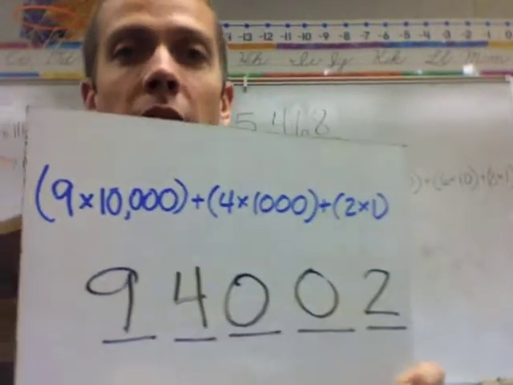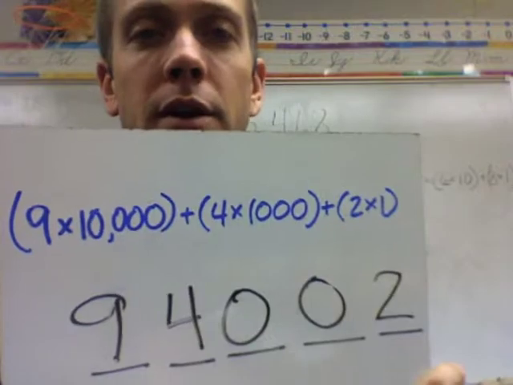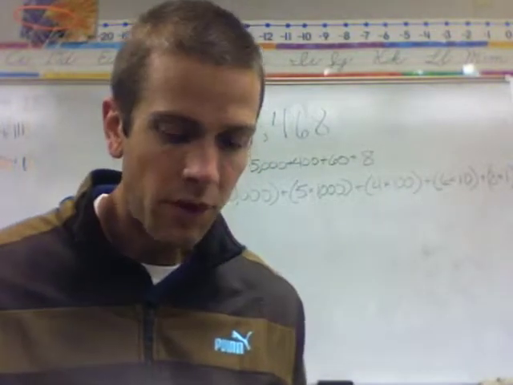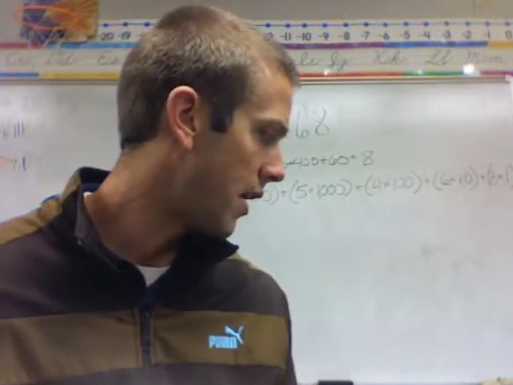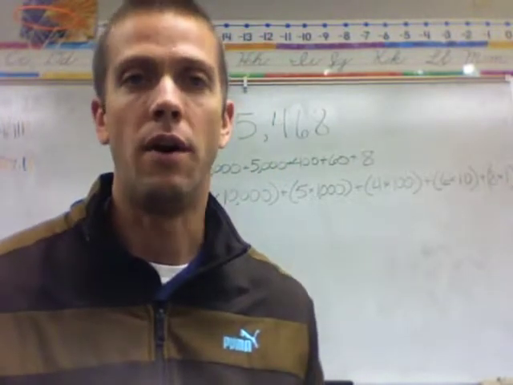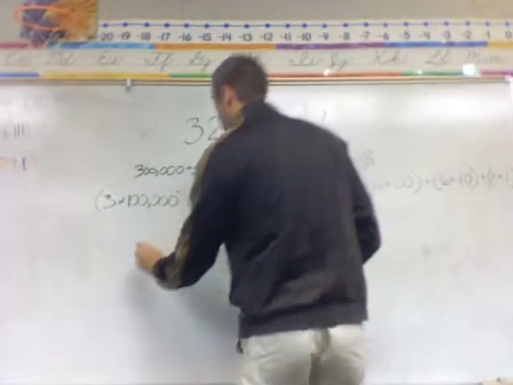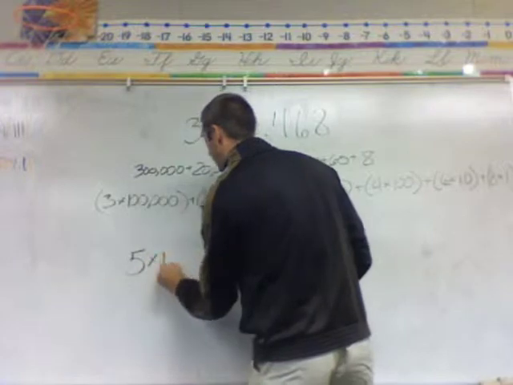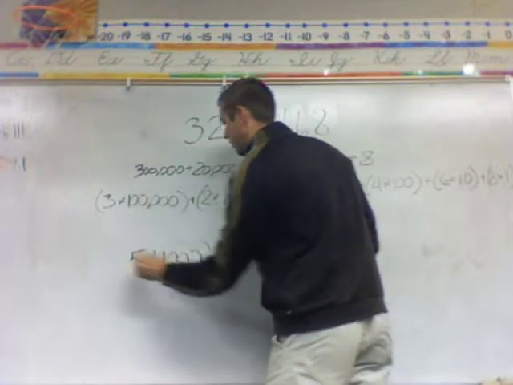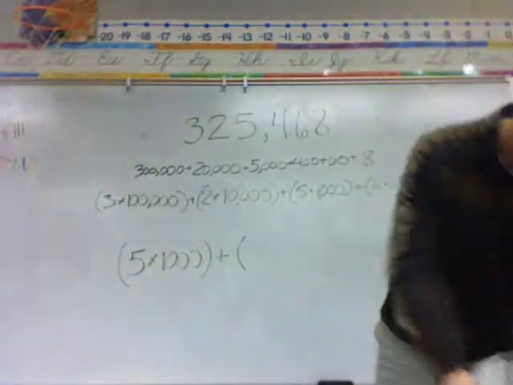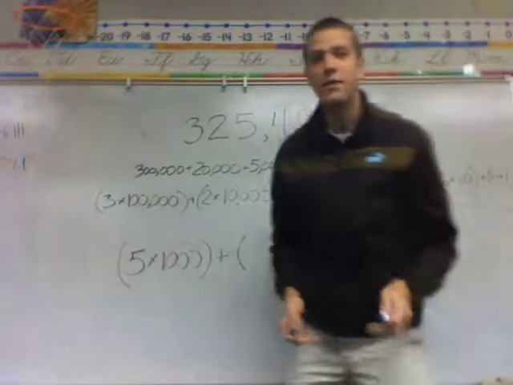All right? Let's take one more look of a number you need to expand on your homework. And on number 3, it says expand 5,704. Start on the larger end. 5,000 would be 5 times 1,000 plus, what's our next number? 5,700.